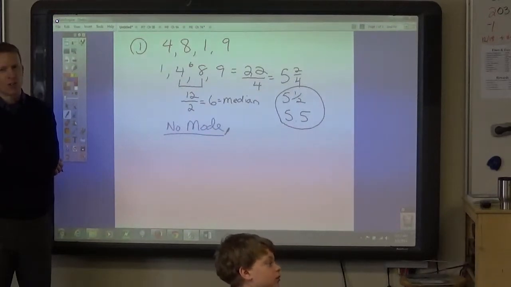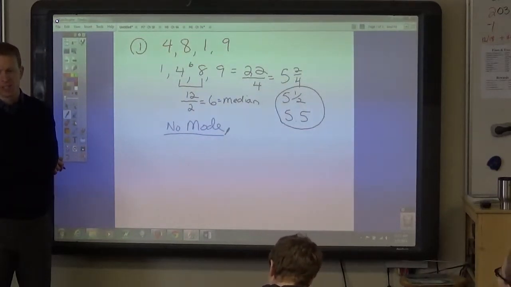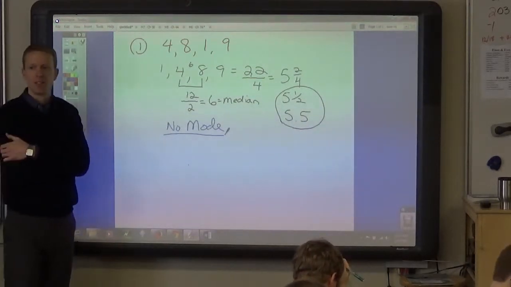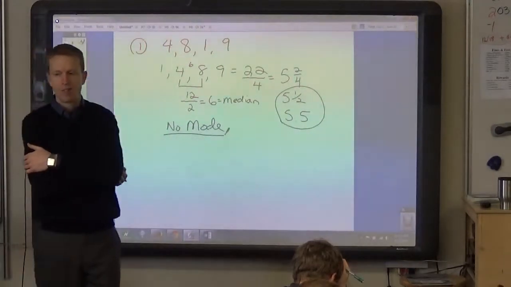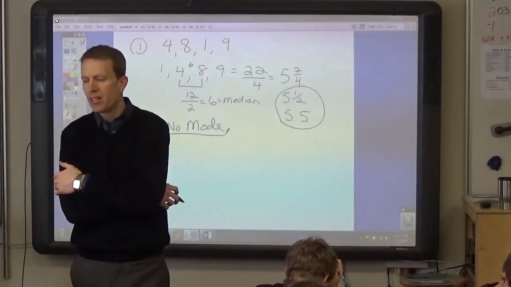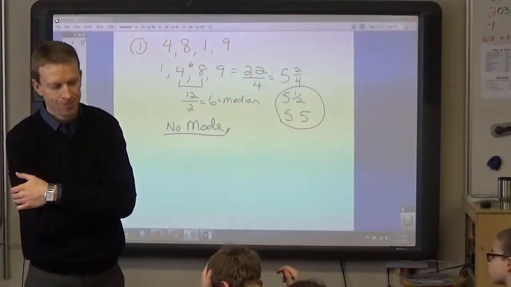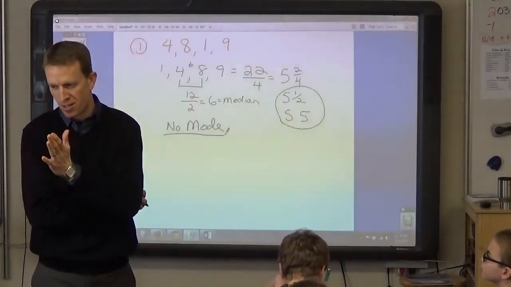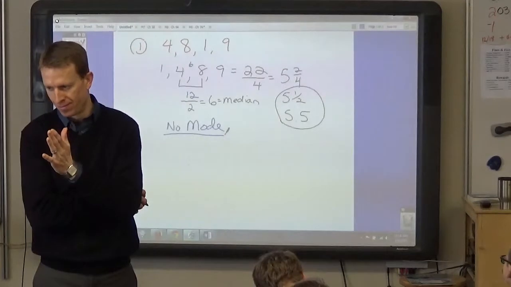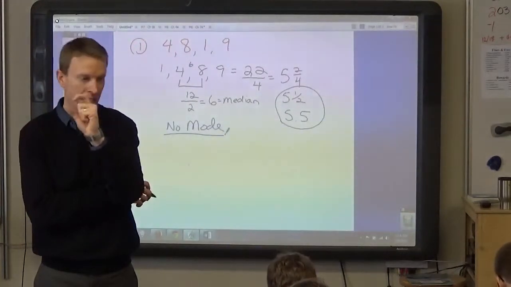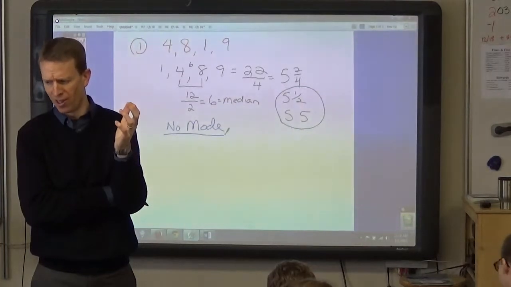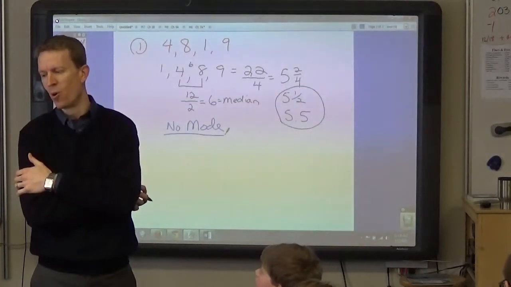Don't write just no. You could write none next to it if you're doing a worksheet, but otherwise you'd have to write no mode, because none doesn't mean anything unless you write mode none. But that's actually more than if you write no mode. So I would write no mode.